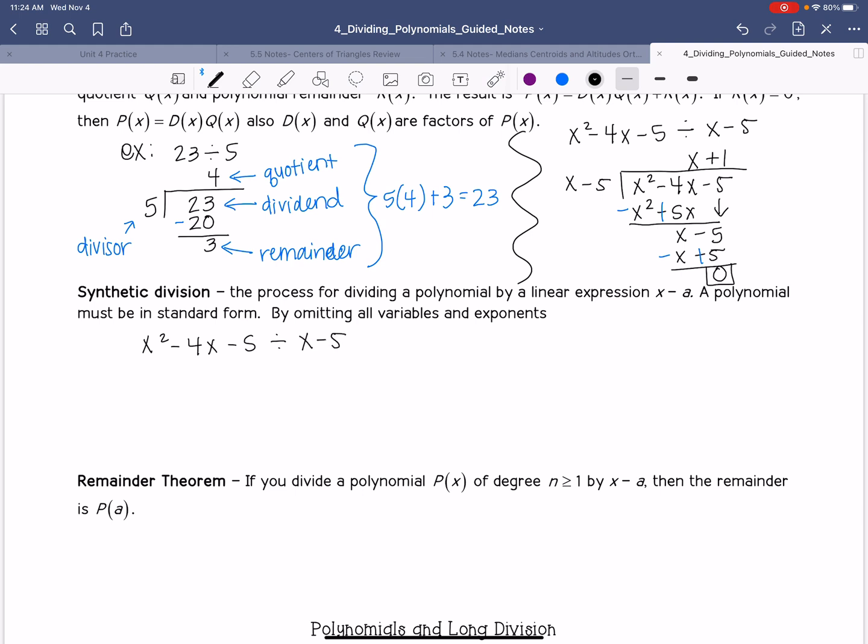Okay, the first thing I need you guys to do is solve for x. So we're going to have x minus 5 equals 0, which actually means x equals 5. This is my divisor. This is what I'm dividing by, is 5.